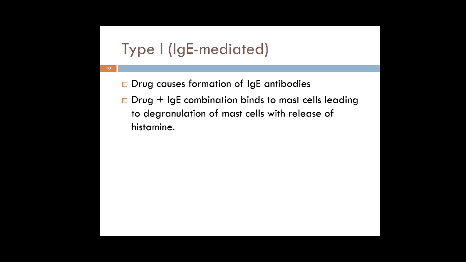So drug which is acting like an antigen causes formation of IgE antibodies. So antigen, that is drug plus IgE combination, binds to mast cells, leading to degranulation of mast cells with the release of histamine. Histamine is present inside the mast cells. You must have learned this in physiology.